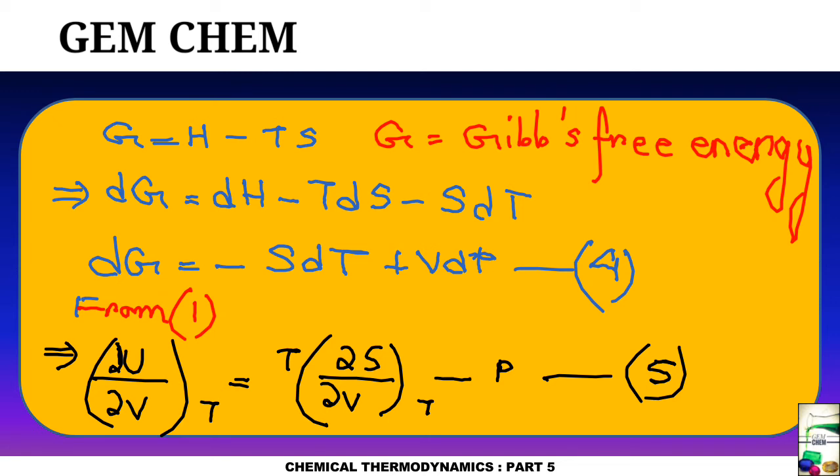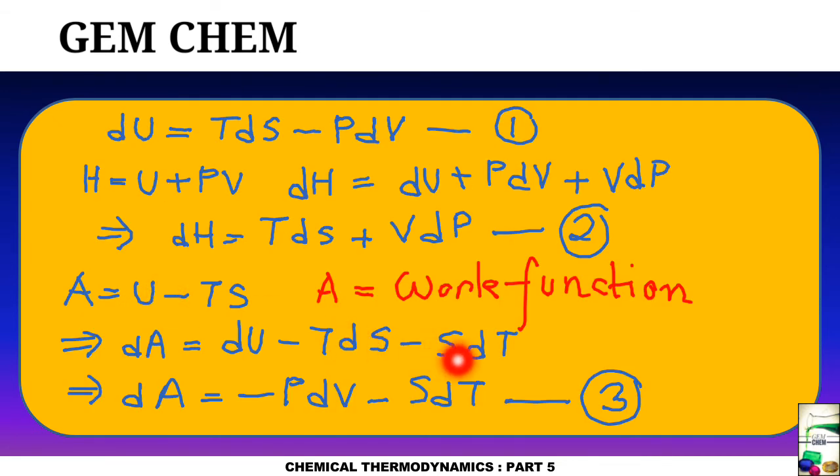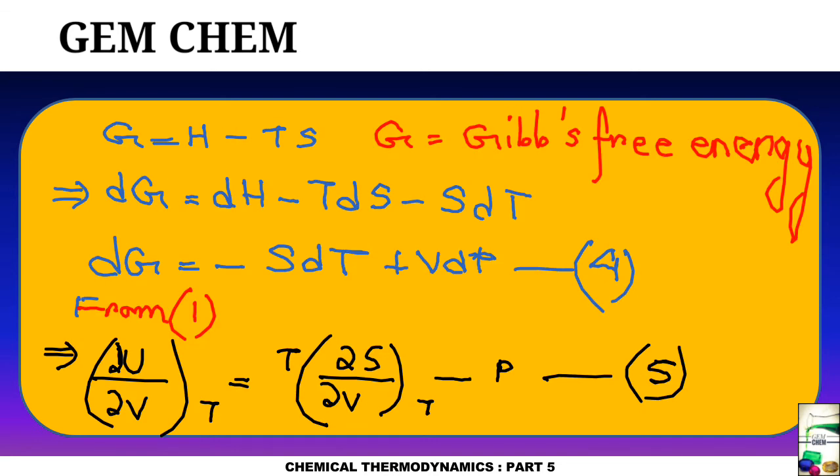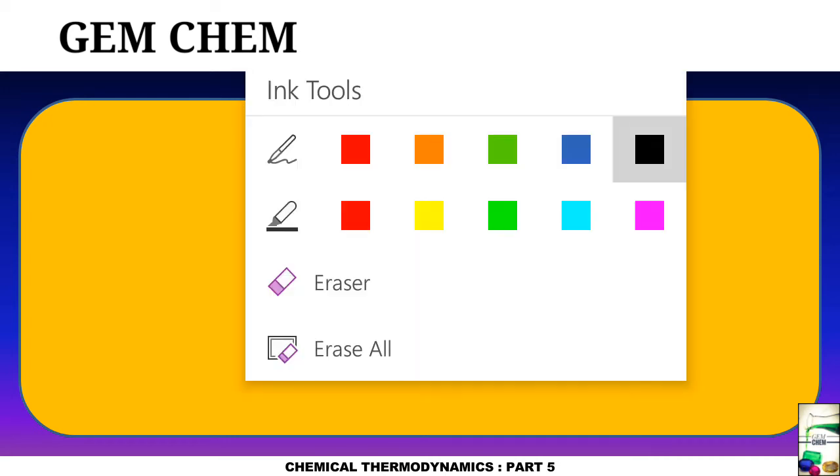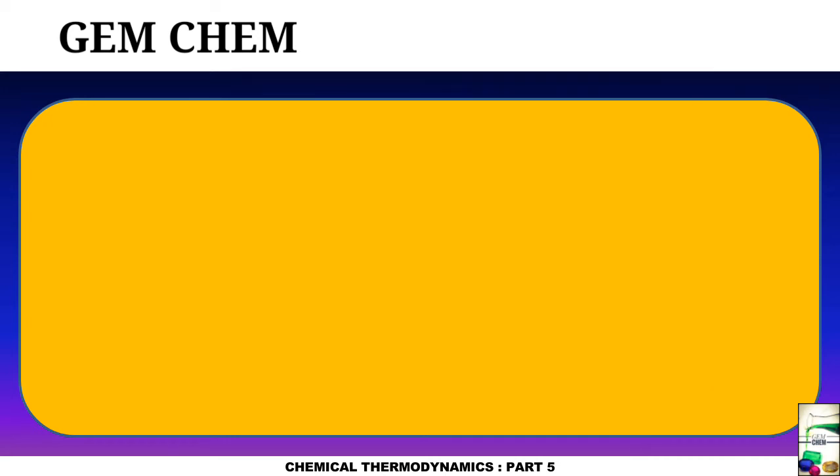Now from 3 we are going to get a few things, from the equation dA equals minus P dV minus S dT. First we are going to differentiate this equation with respect to temperature at constant volume, and then with respect to volume at constant temperature. So first we write the equation so that it is easy for us. dA equals minus P dV minus S dT. Right.